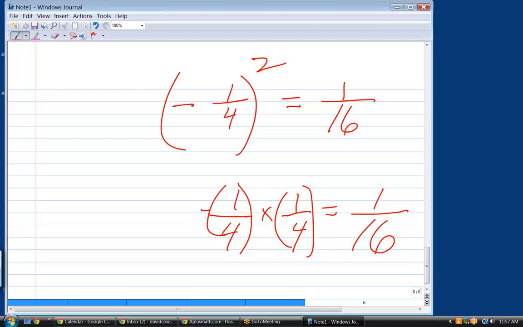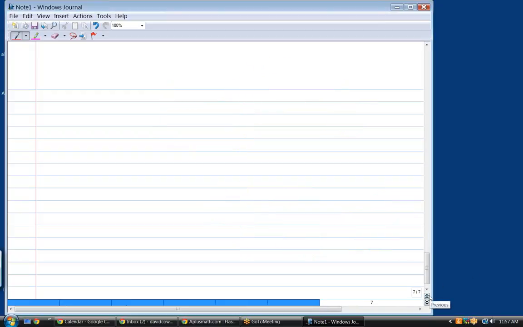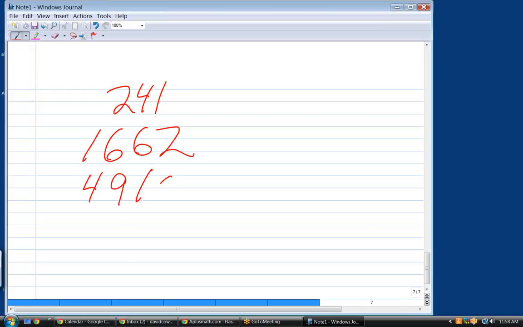All right, let's talk about something else that's really worth knowing. Some of this is number properties, but it's the stuff you're going to want to know going into pre-algebra for sure. What does it take for a number to be divisible by 3? I'm going to put a list of numbers up here and ask you to see, without doing the math, there's a little trick similar to my rule of 9s.